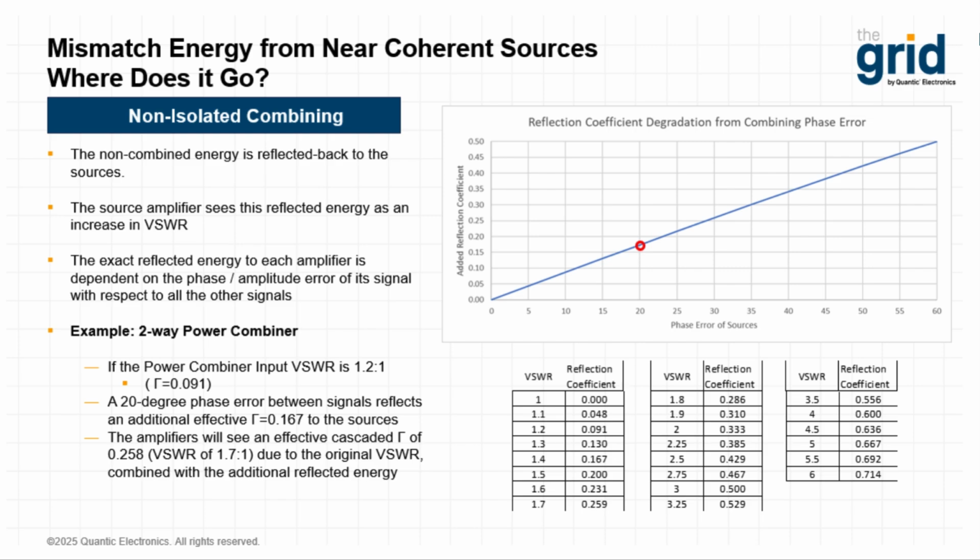The example on the screen shows that if we start with a 1.2 to 1 VSWR, the reflection coefficient for that is 0.091.